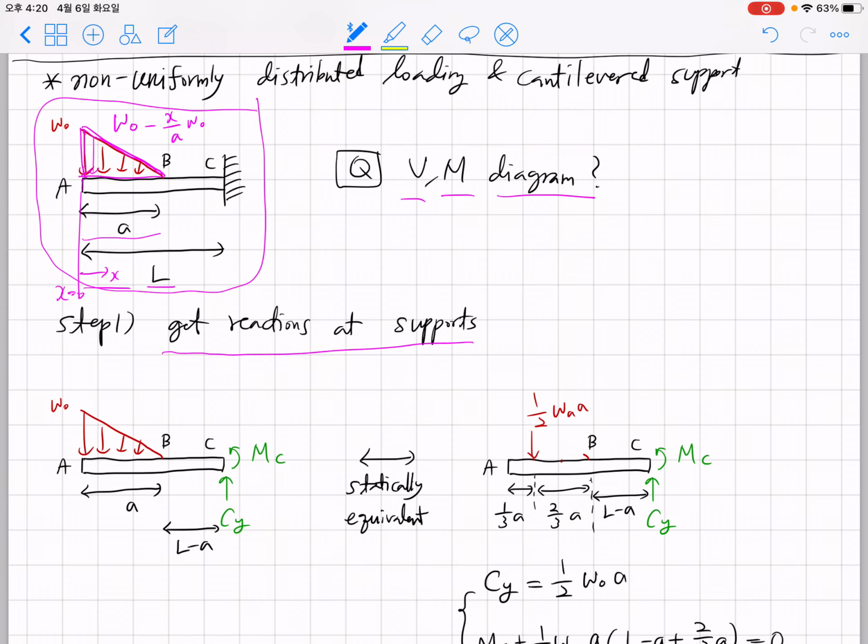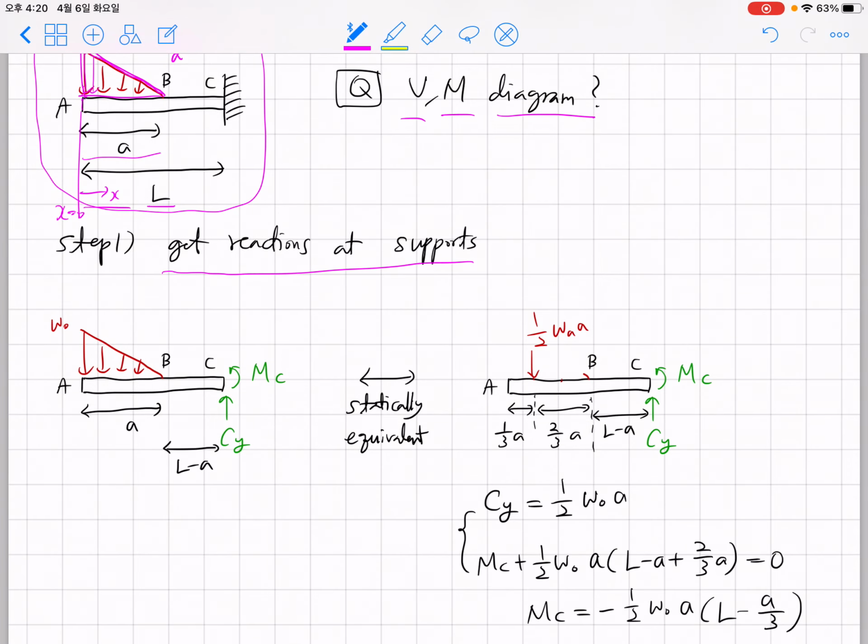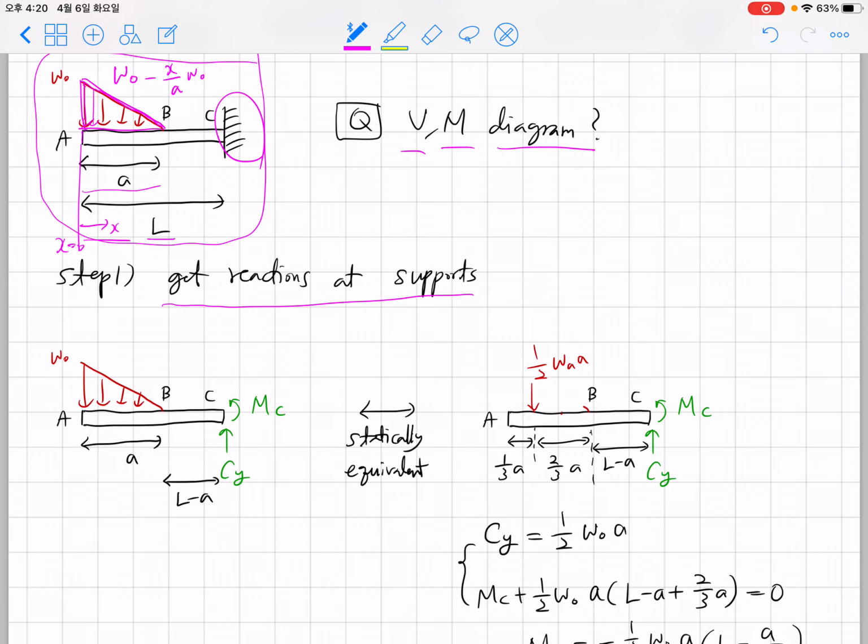Like we have to get reactions at supports. So if you replace this rigid wall support with reactions, we have to include both moment and force. Let's say this is MC and this is CY. Then when you look at this problem and recall what you have done back in general physics, when you have this kind of loading, you have more loading here, less loading here.